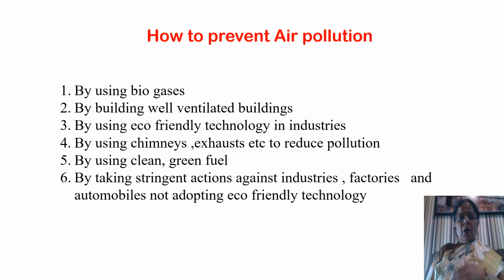So, how will we prevent air pollution? By following these methods: by using biogas. What is biogas? Biogas is renewable. It is produced from organic matter like agricultural waste, manure, sewage, even food waste.